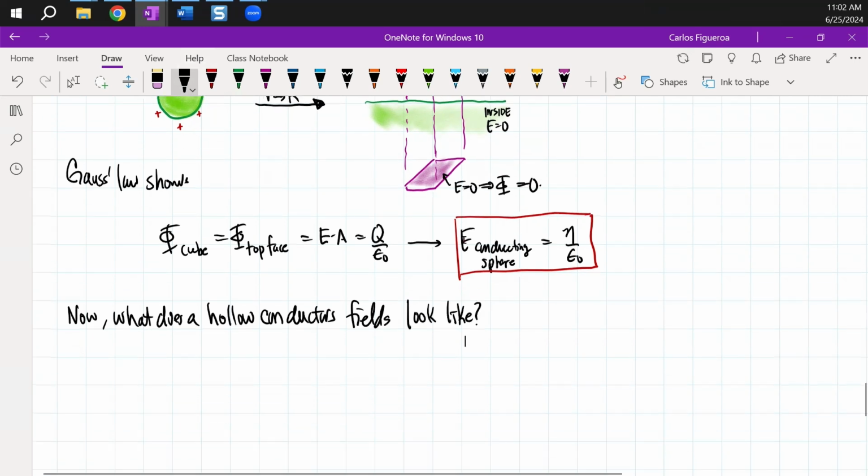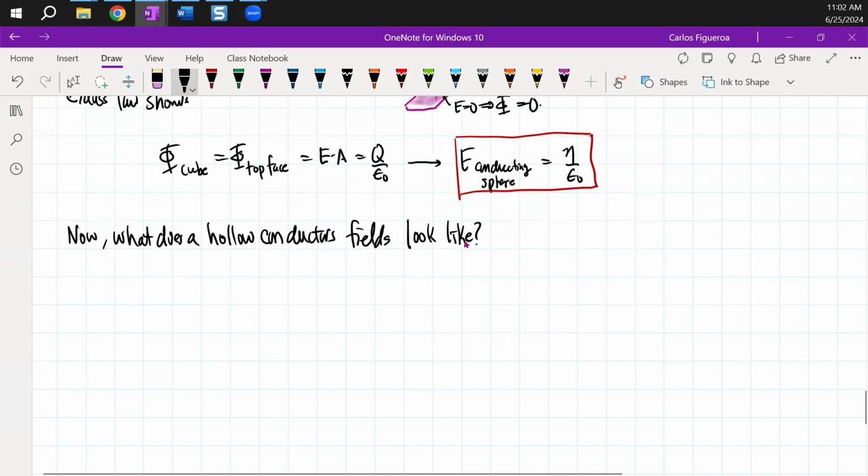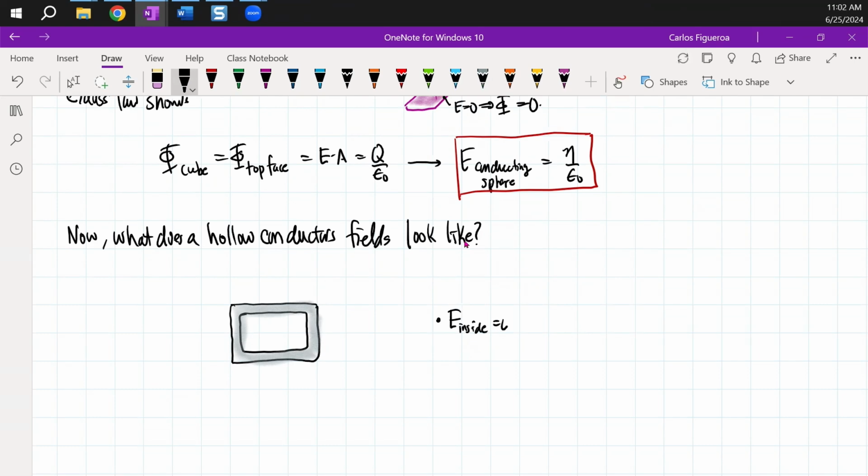So if I look at my conducting shell that we did before, I'm going to imagine that I have this. So now I look at the field. What do I know about the field? I know that the electric field inside the shell has to be 0. So right away, I could come in here and just say, yep, that guy is 0.